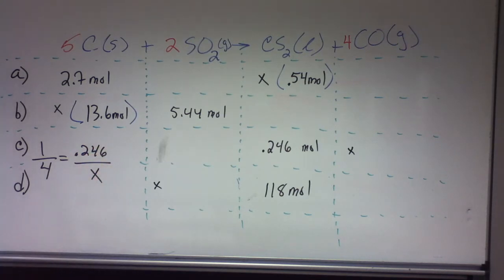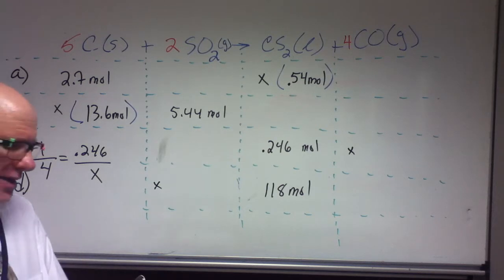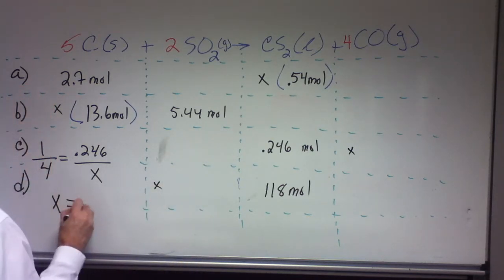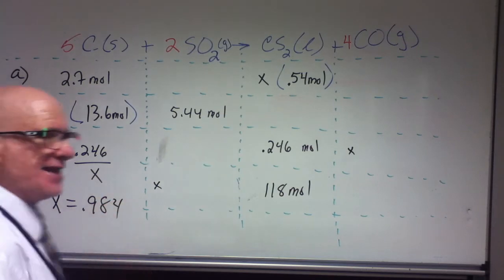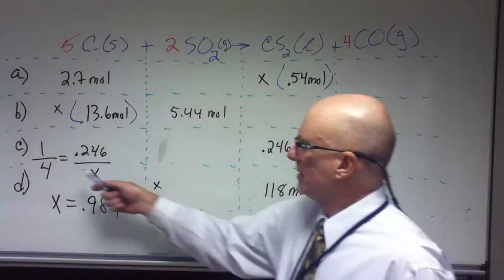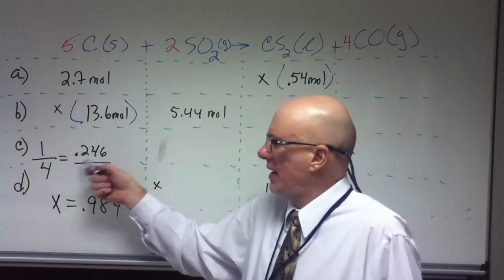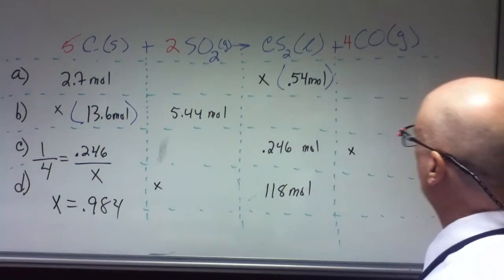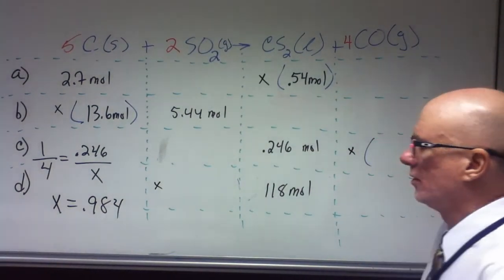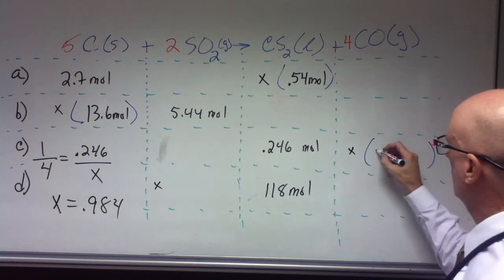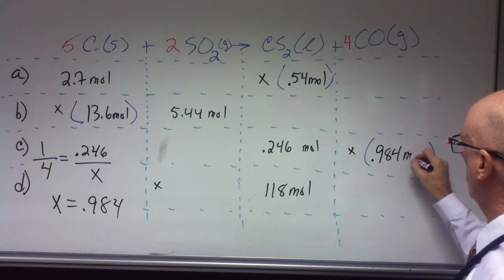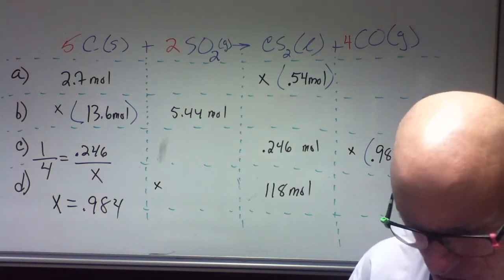So 4 times 0.246 is 0.984. So x equals 0.984. And that should make sense because this is 4 times a quarter, which is about 1, divided by 1 is 1. So this will be 0.984 moles.